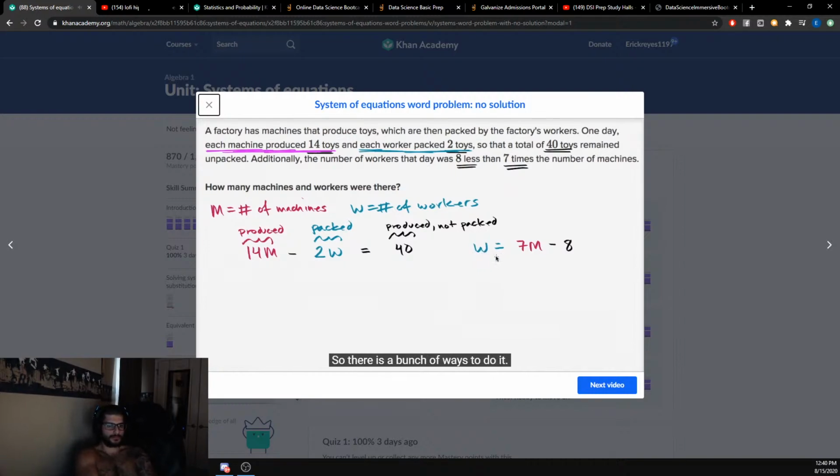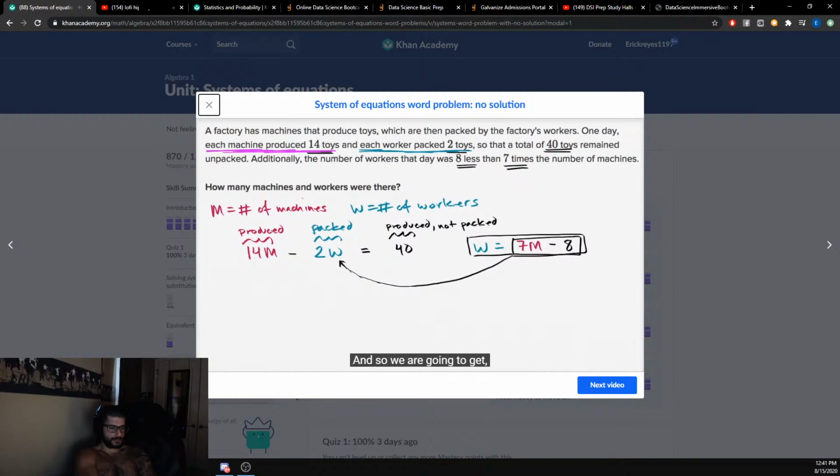So there is a bunch of ways to do it. Since this equation already has w explicitly solved for, we can do some substitution here. We could take 7m minus 8 and substitute it in for this w, since the m and w, the pair that we want to find, need to satisfy both equations.